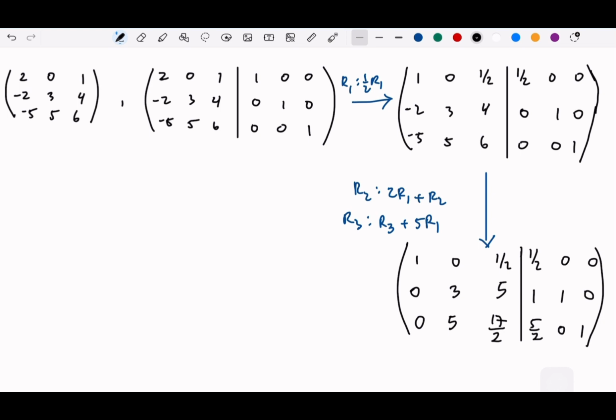Right. Now I think the second row and the third row are ideal for the next step. So we could take 1/3 and we could take 1/5.